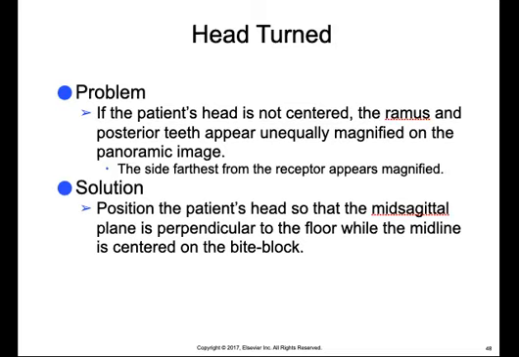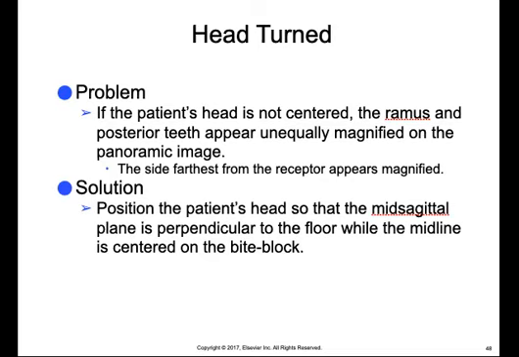A head turned is a problem that happens when your patient's head is not completely centered, and the ramus and the posterior teeth appear unequally magnified on the panoramic image. The side that's farthest from the receptor appears magnified.